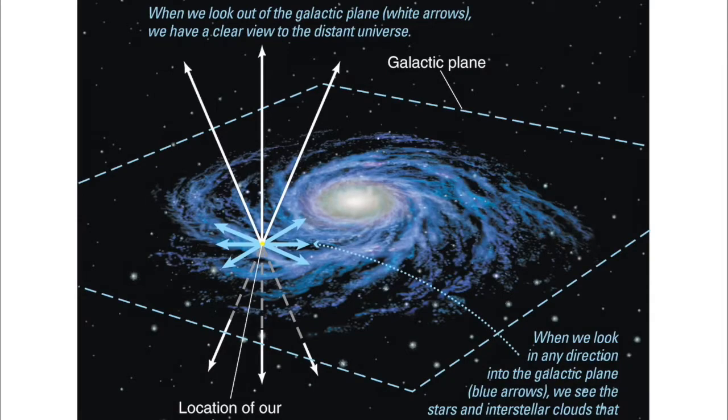Okay? So here we are in the Milky Way. This is further explaining that idea of the galactic plane. In many directions that we can look, we are looking at a relatively clear view of the distant universe. There are still stars in those directions because we are not at, say, the very, very top of the galaxy, and there are so many stray little stars.